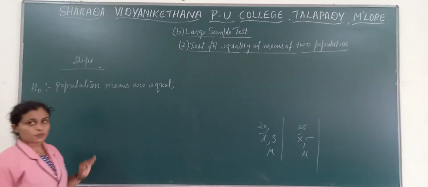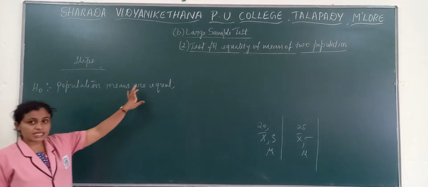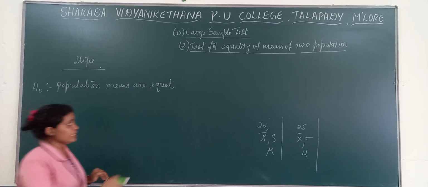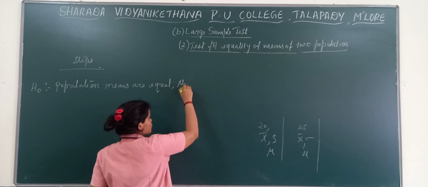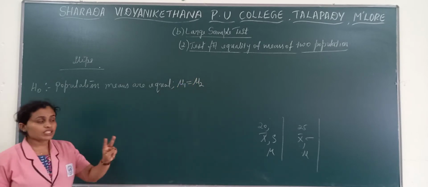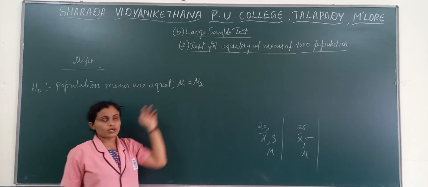How did we set it in case of test for population mean? The population mean is equal, but here there are two populations, so population means are equal. So we need to take mu1 is equal to mu2. As I said, we take two populations, so mu1 and mu2.